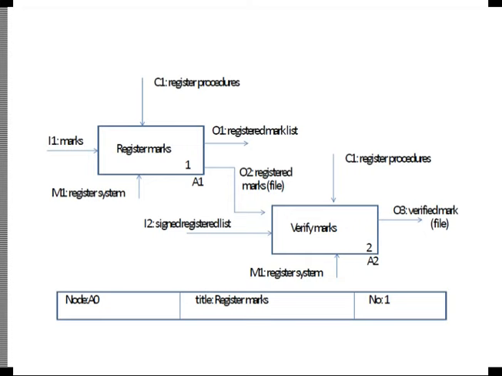I don't care, as long as you number them 1, 2, A1, A2. But there is a difference in numbering. And also by the looks of it, you see that verifying marks is taking place later than registering marks. Right? Okay. We use a computer here, or a software program, so a registering system.